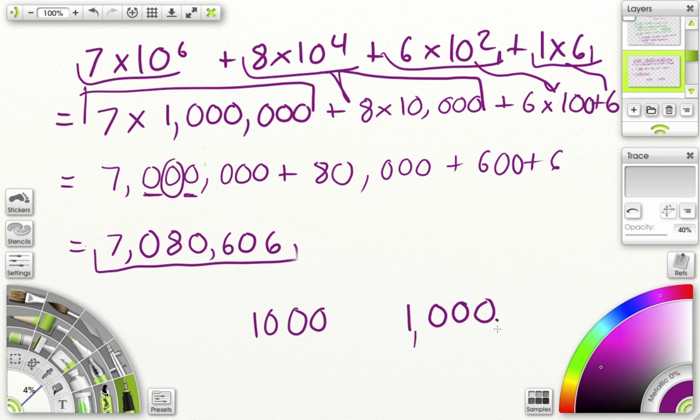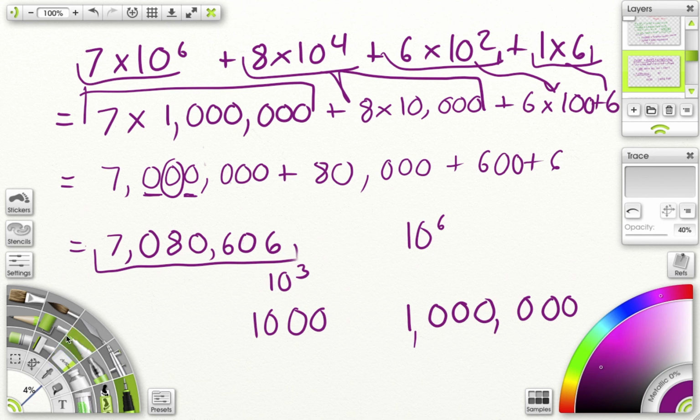So remember that you will not be dealing with anything higher than 10 to the power of 6, and your lowest is going to be 10 to the power of 3, for the first place of the number. You can be going all the way down to the ones for the entire answer.